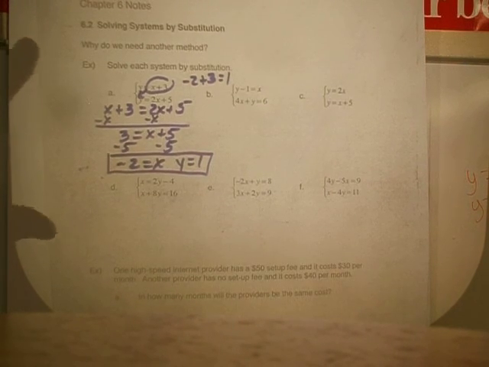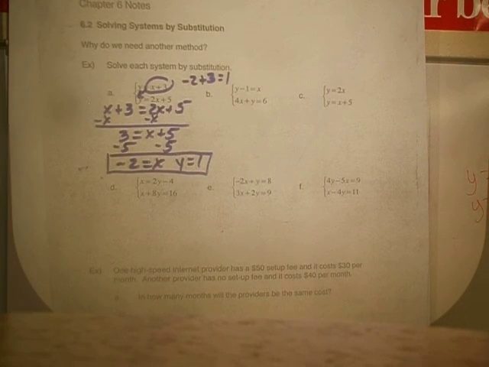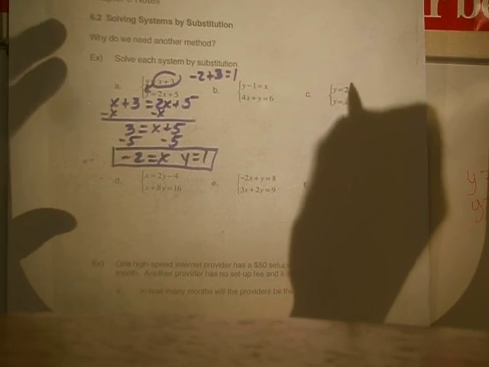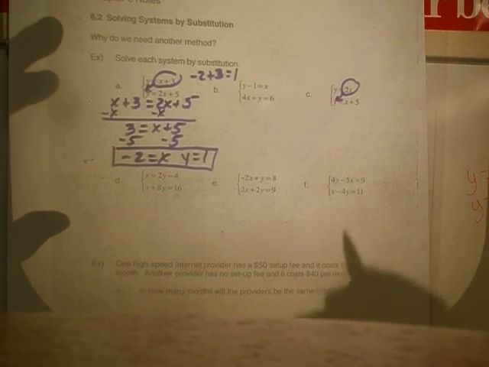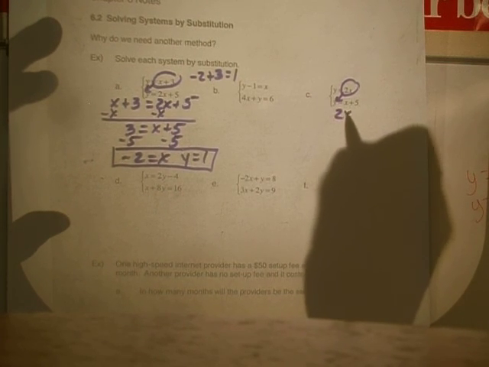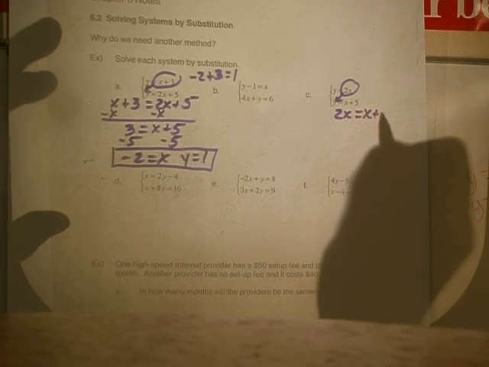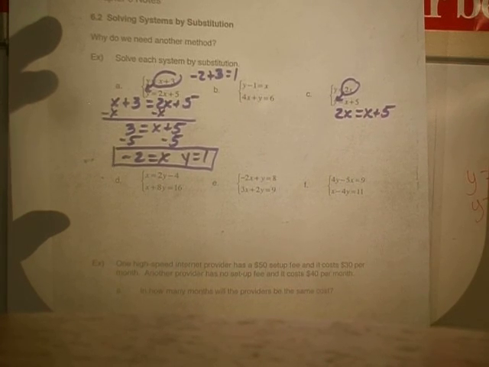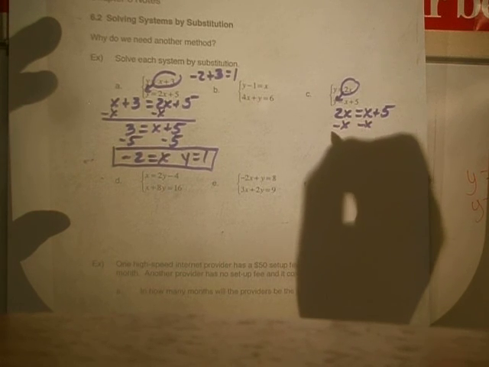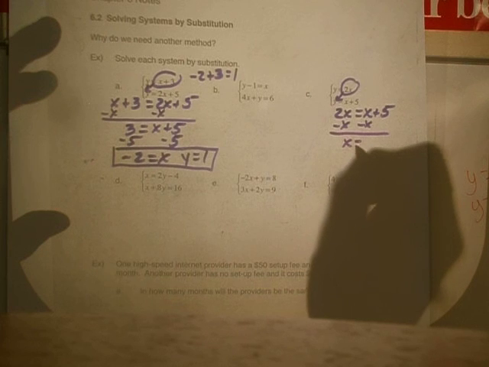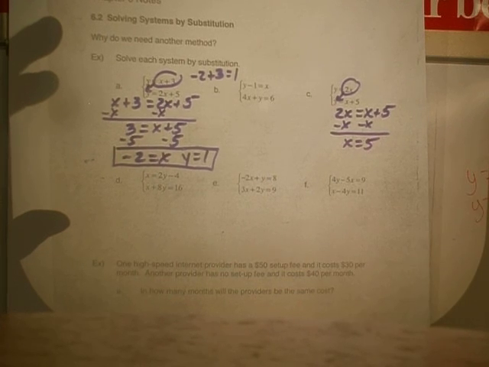I'm going to skip to letter C next, because it's kind of like the one we just did. We have y equals and y equals. So we're going to take this value and put it in place of that y, and that will become 2x equals x plus 5. We are going to subtract x from both sides, and we are then left with x equals 5.